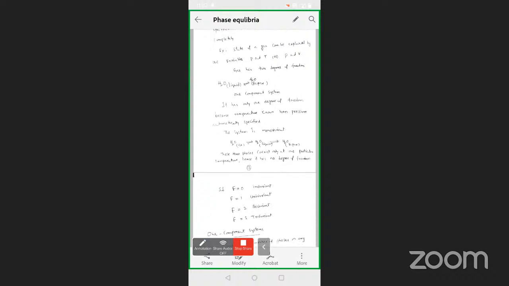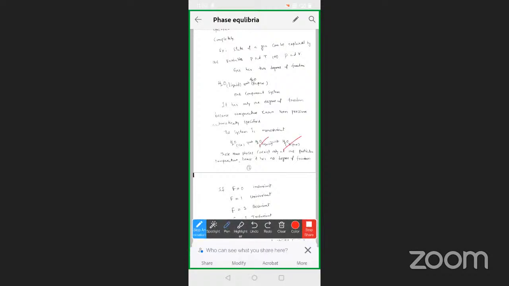Now take water where ice, liquid, and vapor are in equilibrium. The 3 phases are in equilibrium. These 3 phases coexist only at one particular temperature.